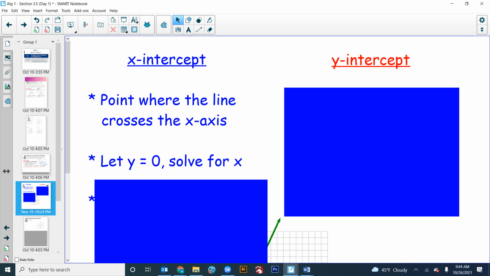We're going to let y equal 0 because any location on the x-axis is a coordinate point with y value 0. I can skip my x value then and get the x-intercept. It's relatively easy for most of the problems we're going to do.